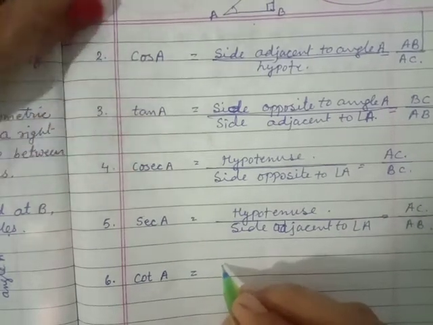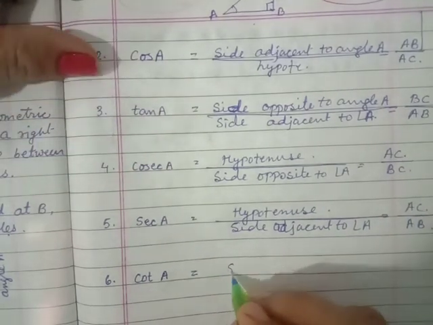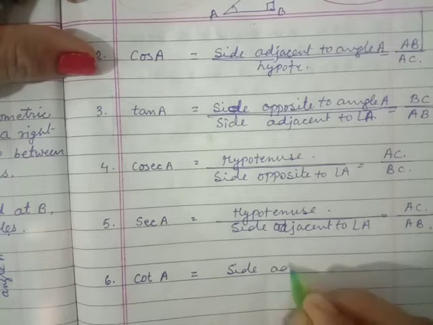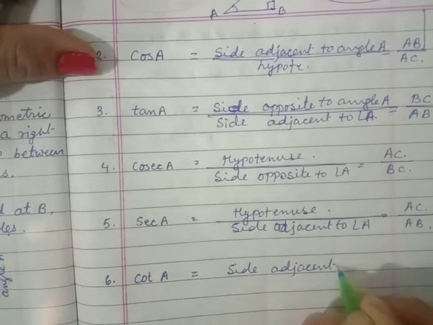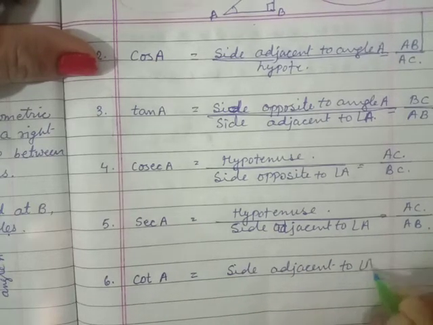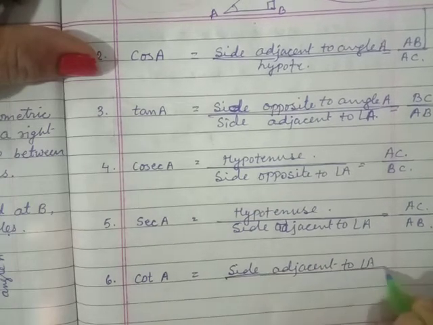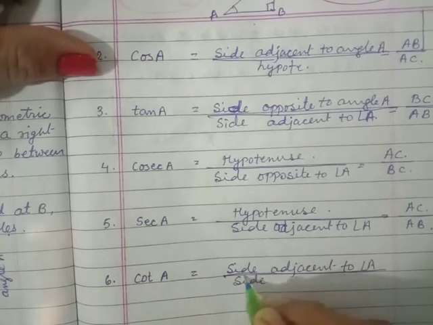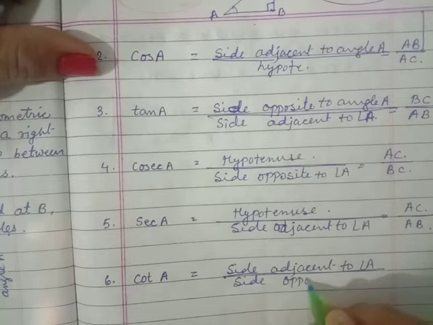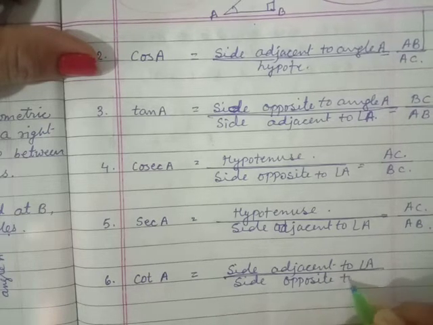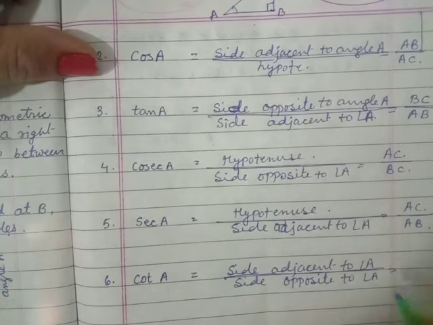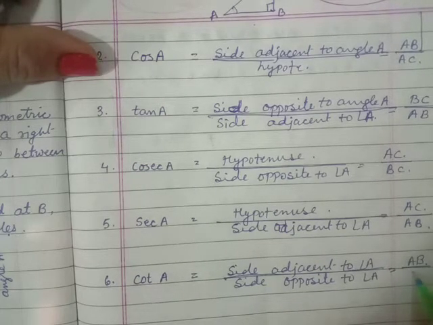Cot A is the reciprocal of tan A. So now side adjacent to angle A upon side opposite to angle A. So adjacent is AB and opposite is BC.